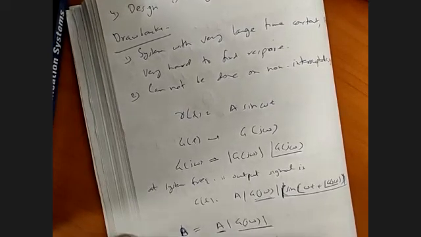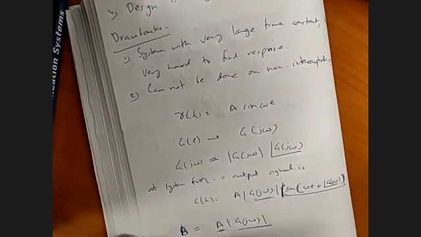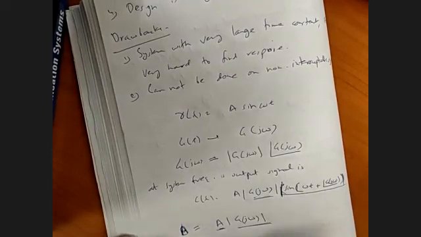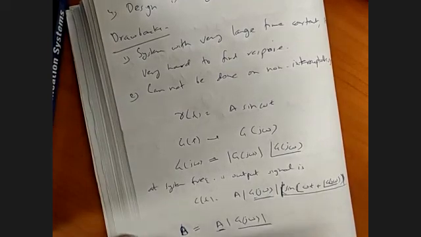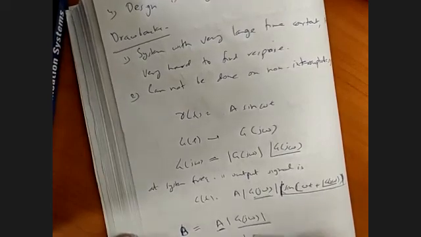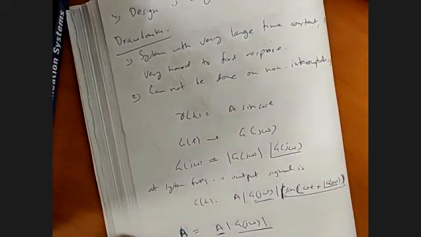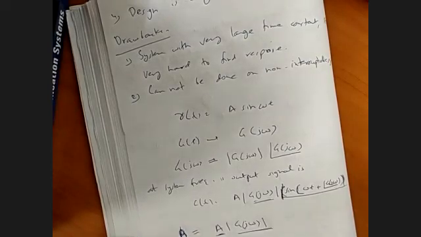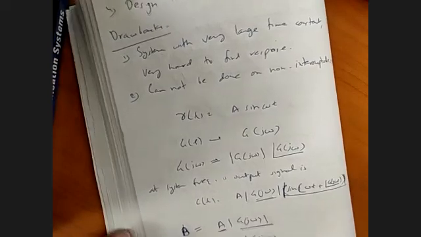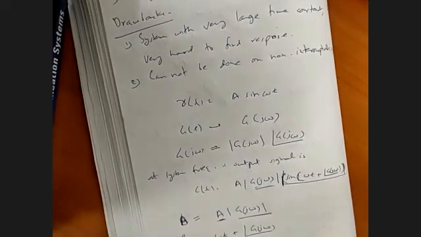And then phase of the system will be omega t plus angle of G(j omega). The phase of the output signal is obtained by adding the phase of the input signal and the phase of the G(j omega) at omega.